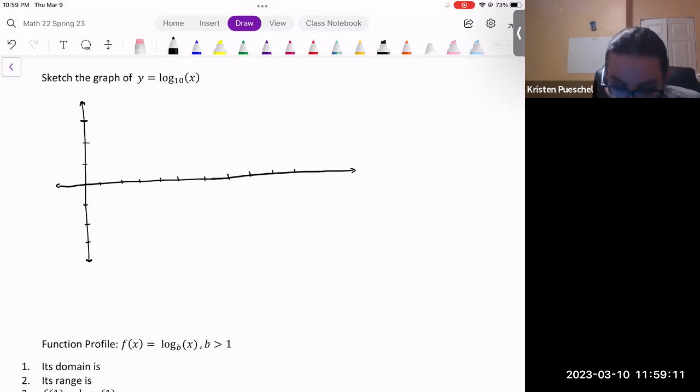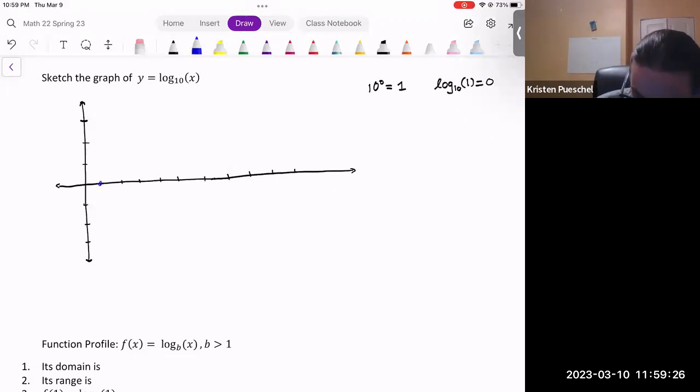Okay. So we said that because 10 to the 0 is equal to 1, the log base 10 of 1 equals 0. We are always going to have this x-intercept of 1.